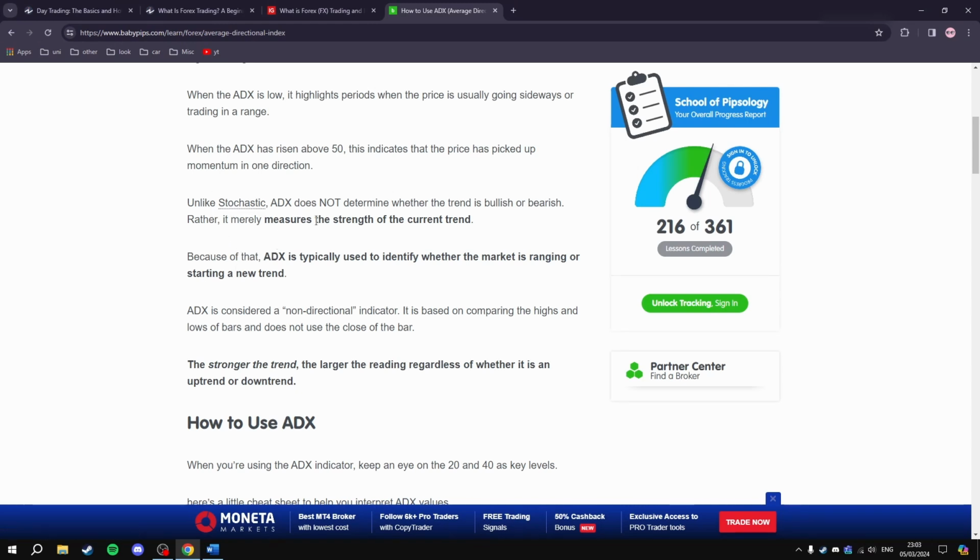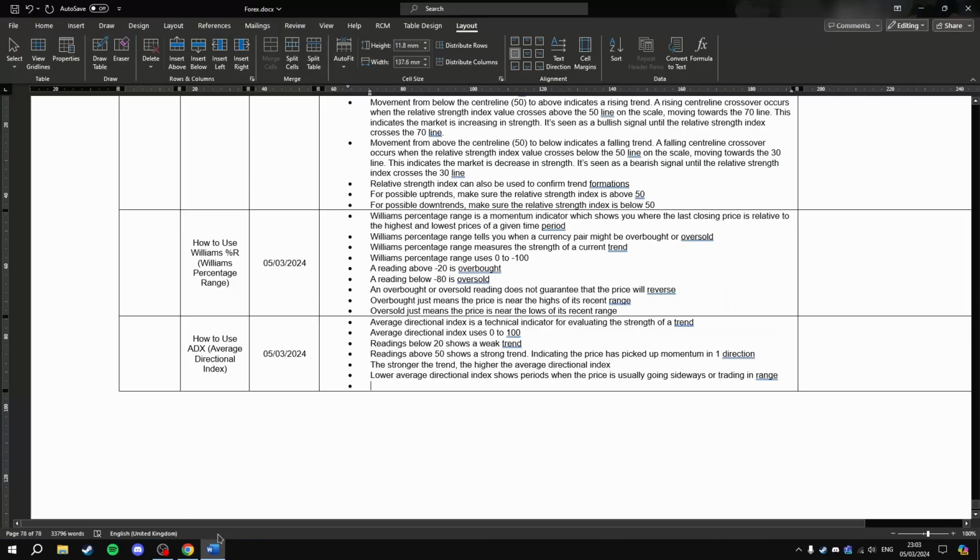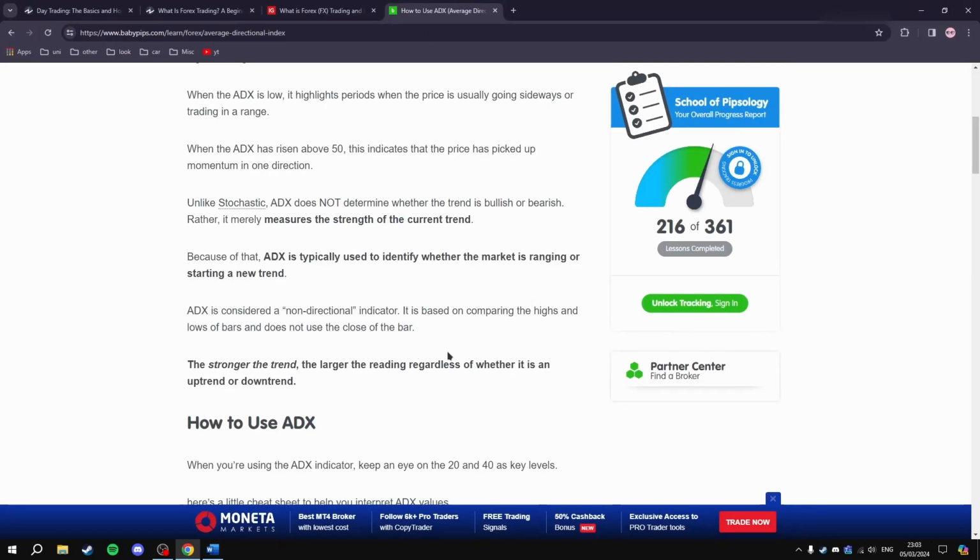Unlike stochastic, ADX does not determine whether the trend is bullish or bearish. Rather, it merely measures the strength of the current trend.